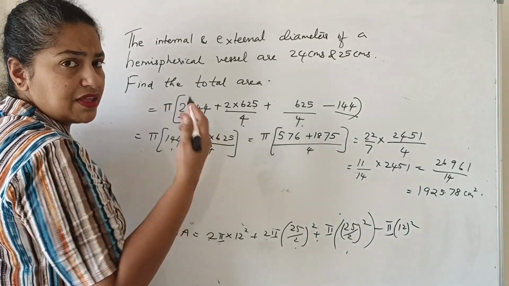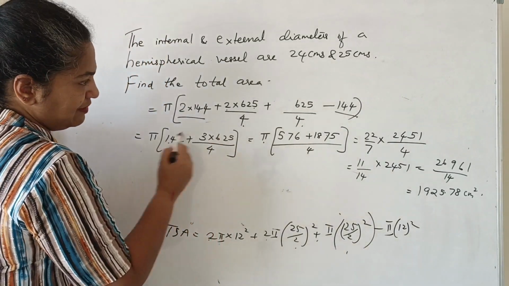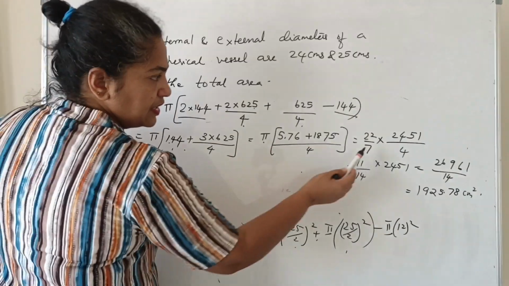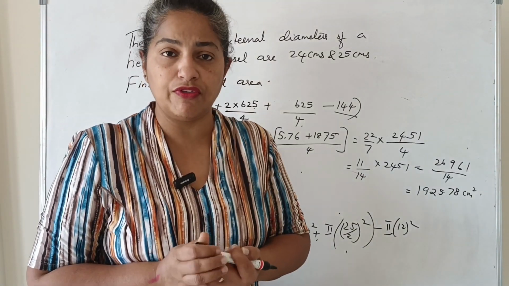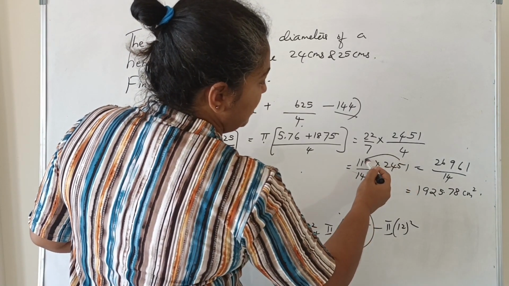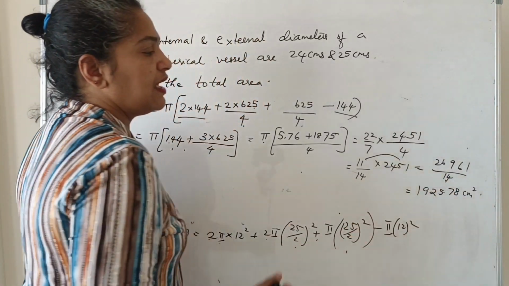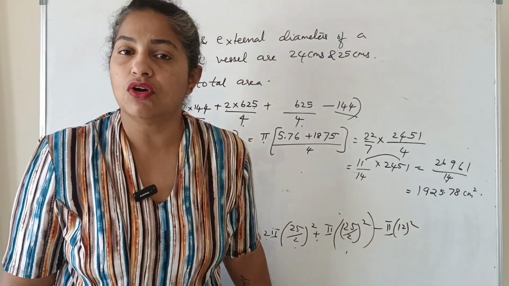So I hope all these things I don't have to explain. Basic calculations. Pi is outside. I have taken the LCM. This is what I am getting. I added and I am getting 22 and 4. I can cancel a common factor of 2. So I will get 11 by 14 into 2 for 5 1. I multiplied these two and I am getting this. And then I had to do the normal division, and this is what I have gotten as the area.